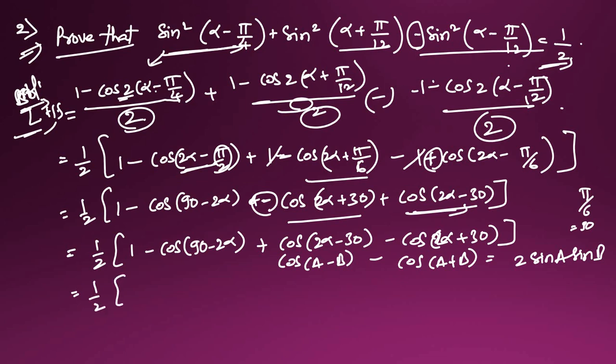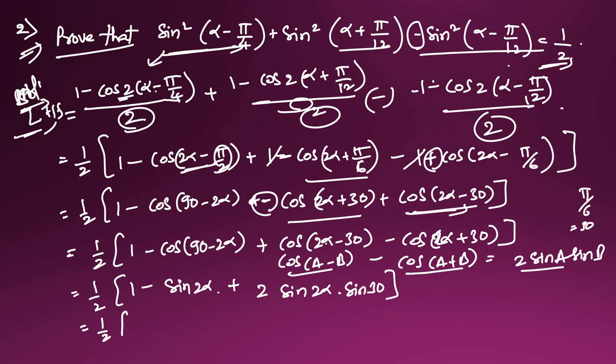Okay, 1 by 2 into 1 minus cos 90 minus theta, cos 90 minus theta is equal to sin theta, means sin 2 alpha will come here, plus 2 sin a sin b, sin a is 2 alpha, sin b is 30, sin 30 will come here, so 1 by 2 into 1 minus sin 2 alpha plus, sin 30 is 1 by 2, so this 2 and this 1 by 2 will get cancelled, what will remain, sin 2 alpha.